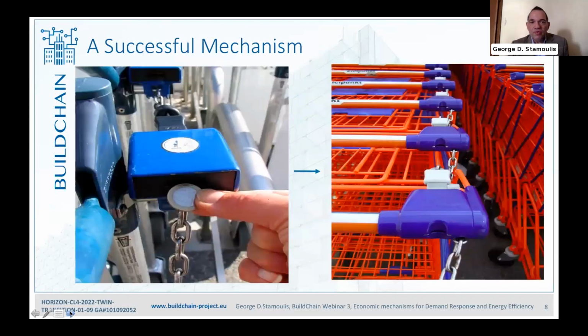I will now show you a successful mechanism, which of course is in an everyday context. And this is the mechanism we have in certain supermarkets, where in order to use a cart, we have to insert a coin.